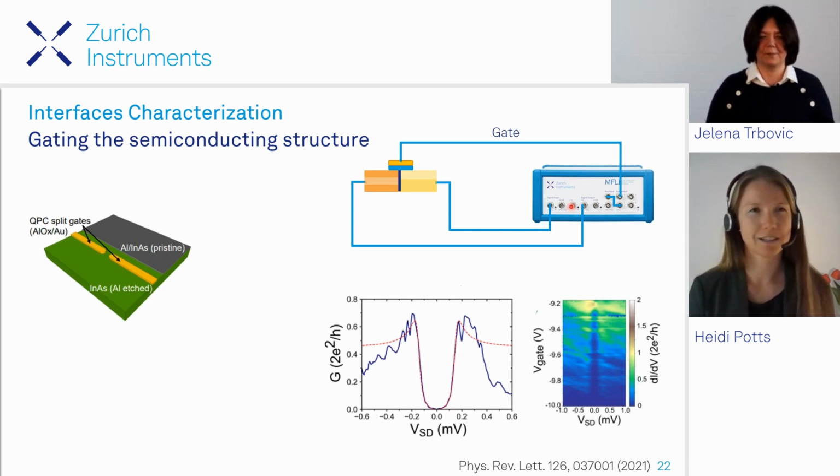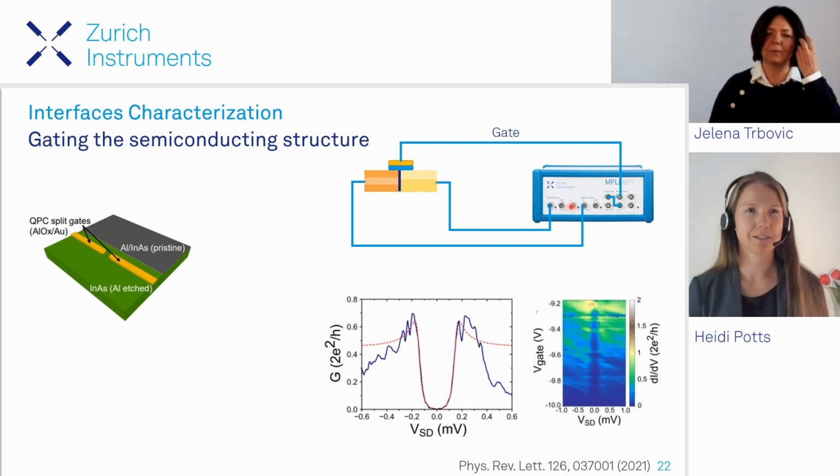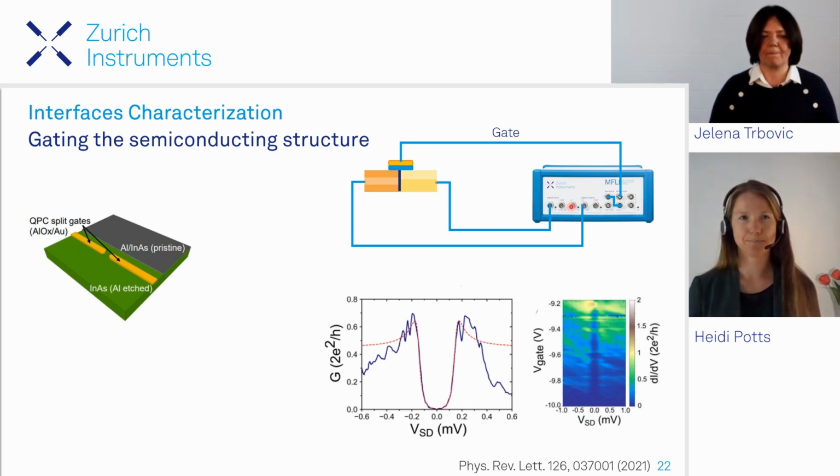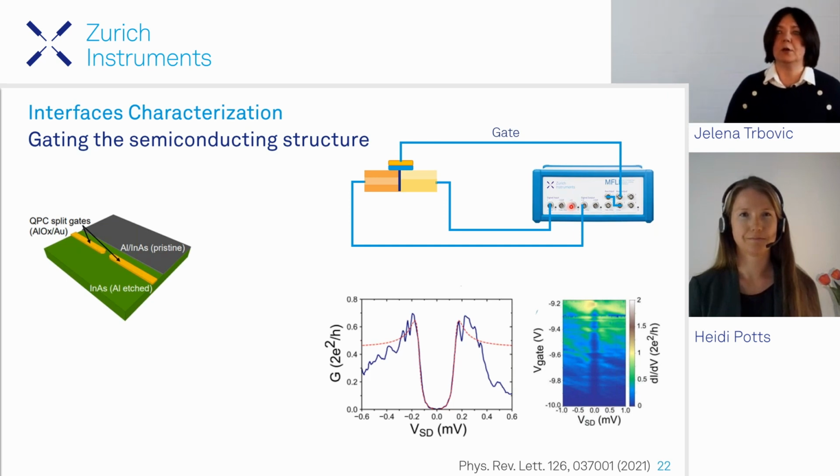Okay, and then there's a final question. Is there a rule of thumb regarding the lock-in low-pass filter bandwidth? How can I set it up? Yes, so basically what you can do is to be on the safe side.